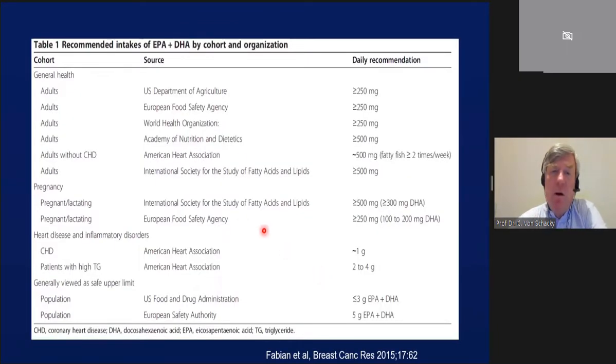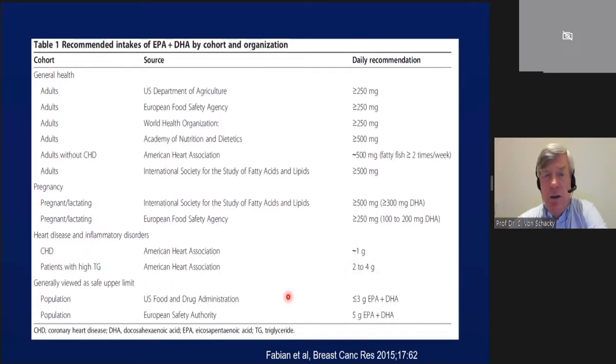There are many honorable scientific associations like the American Heart Association or the World Health Organization who recommend daily intake of omega-3s. But if you look at the dose recommended, that varies from 250 milligrams to 1 gram, 2 to 4 grams.